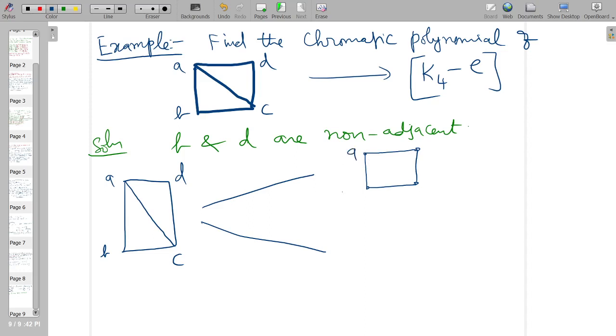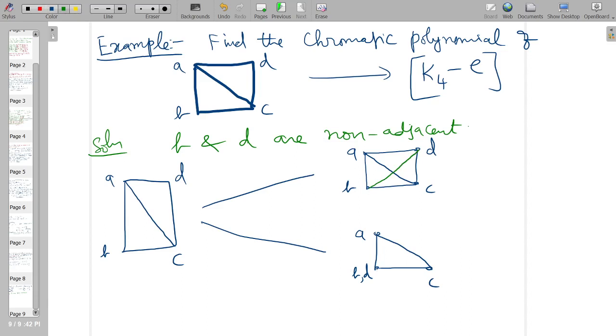I'll have A, B, C, D, and AB is there. Now I will have A, I will have B comma D here, and I will have C. AC is also here. Now I will join the non-adjacent vertices B and D.